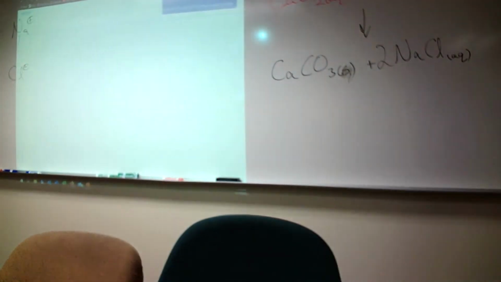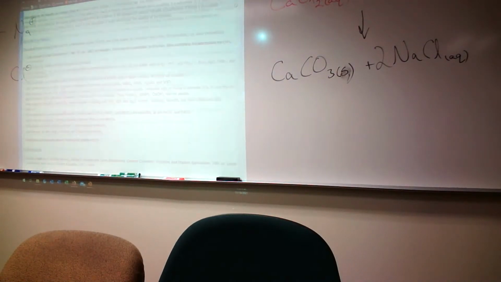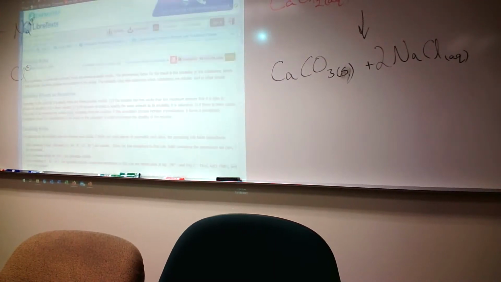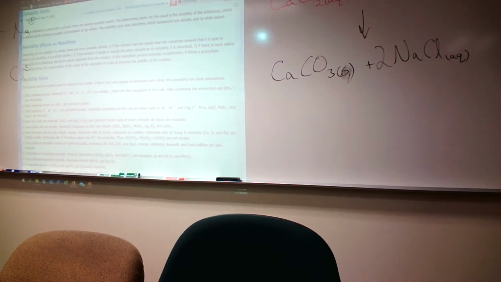So here's a quick example, a solubility rule, a table of solubility rules. I thought that they had the table on here. Oh, it's not a table, it's just right here.